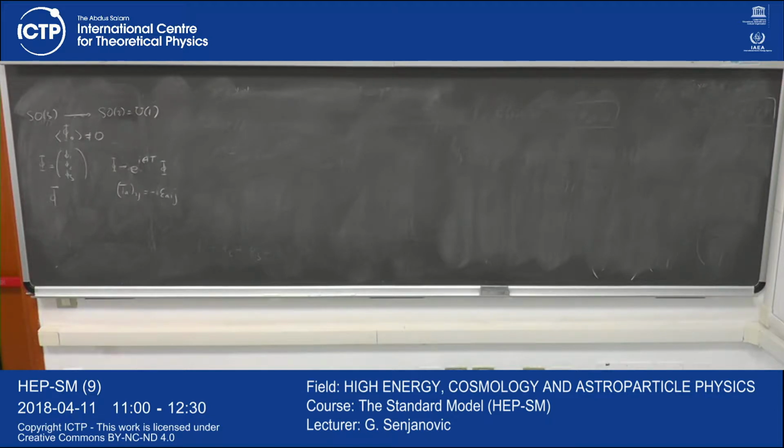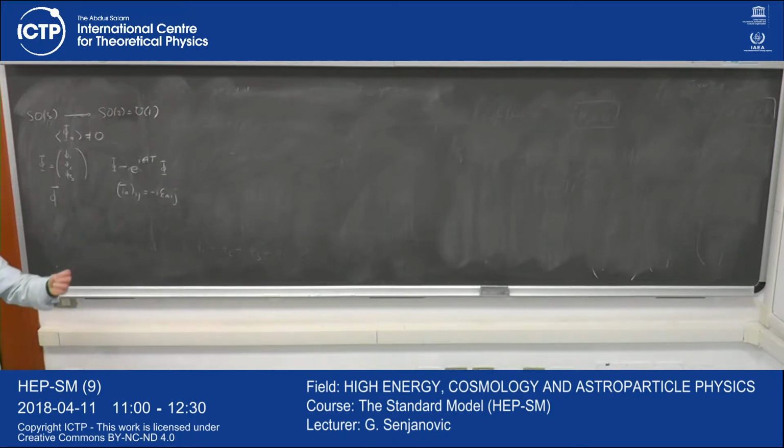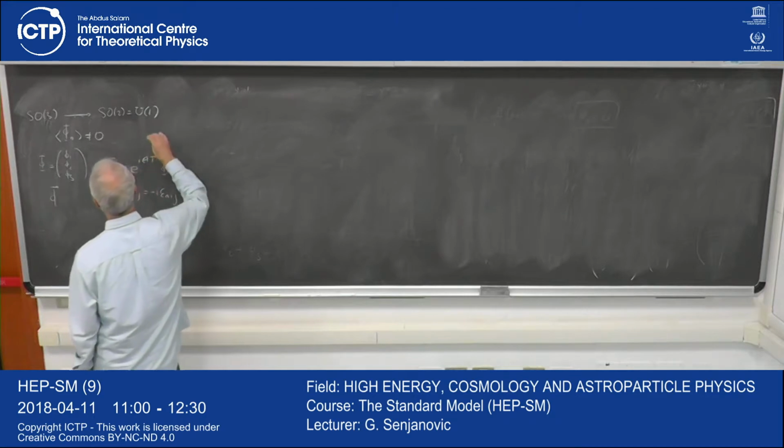Now, in SU(2) or SO(3), it's obviously convenient to work with this. This you can never forget. They're just epsilon. But if I give you SU(5), are you going to remember the structure constants? Even if I ask about SU(3), I'm sure you don't know the structure constants. I don't. So this was a vector, right?